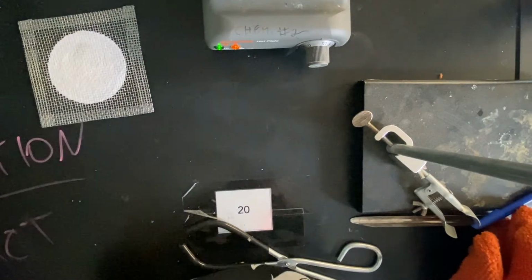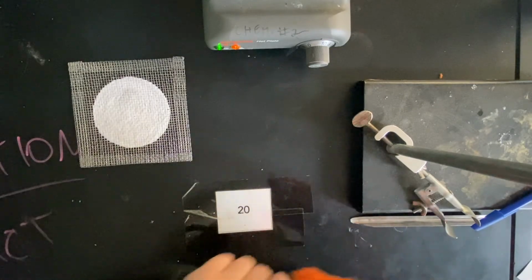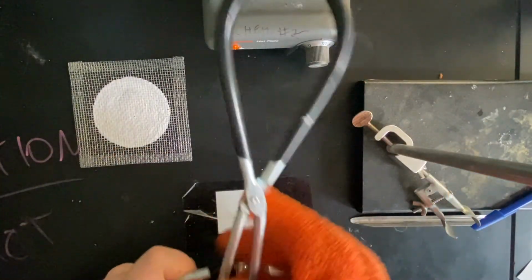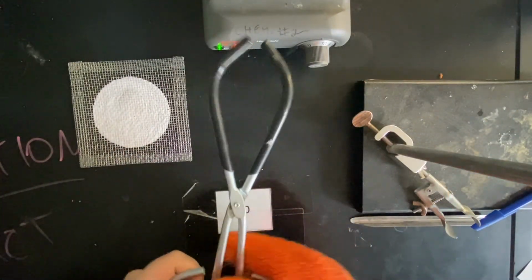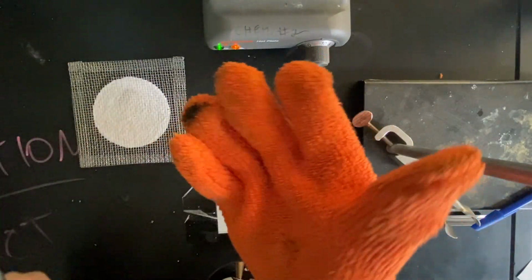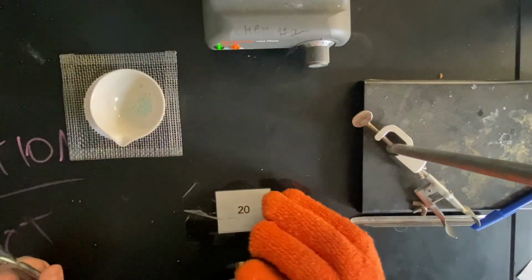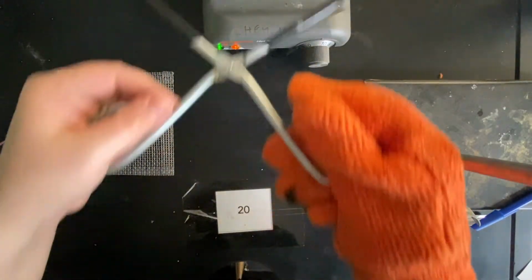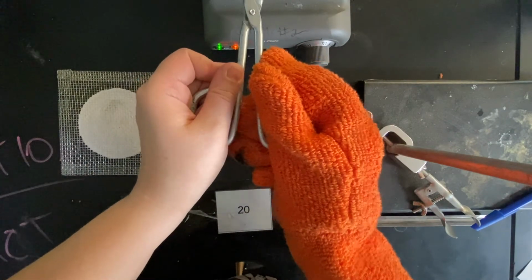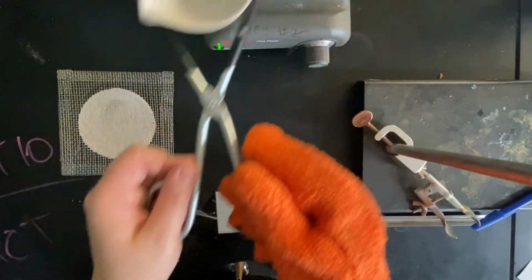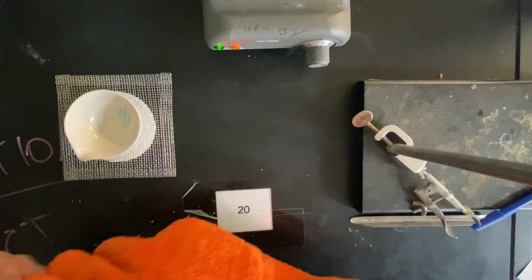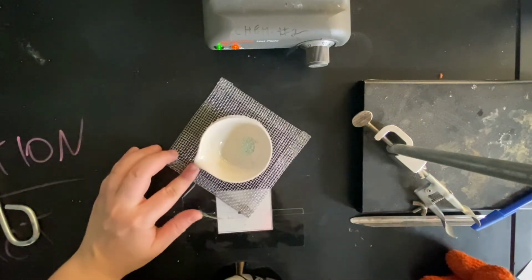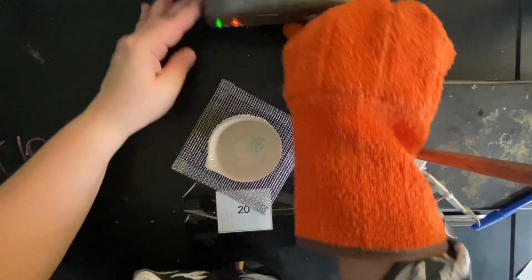We're going to put that off to the side, and with your orange glove on, take the crucible tongs, and if you're more comfortable, just grab your crucible and put it down, or pick it up with your gloves on and move it off to the side, either way. So we're going to let that cool for about 5 minutes.